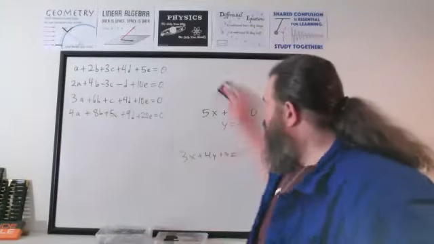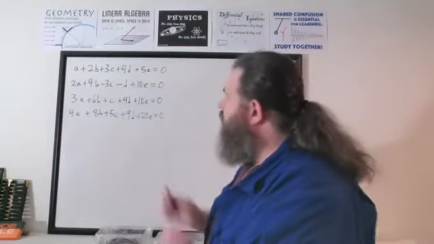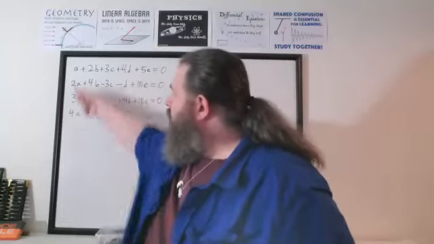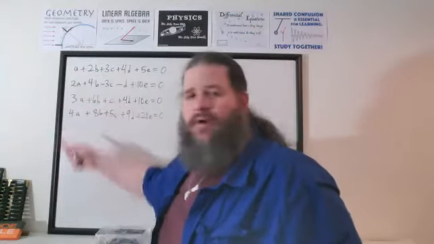Another way to interpret what's going on here is that we could also think of this as vectors. If you look at all the coefficients of A, it is being multiplied by 1, 2, 3, and 4.